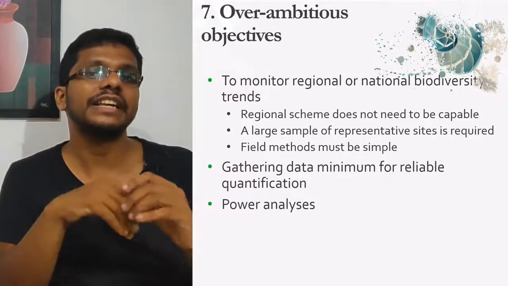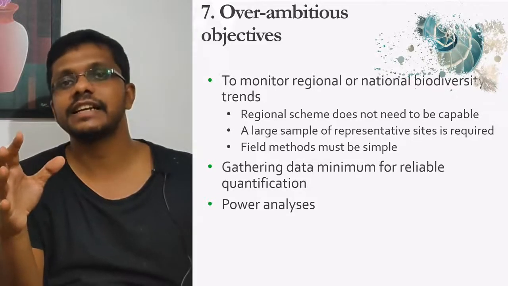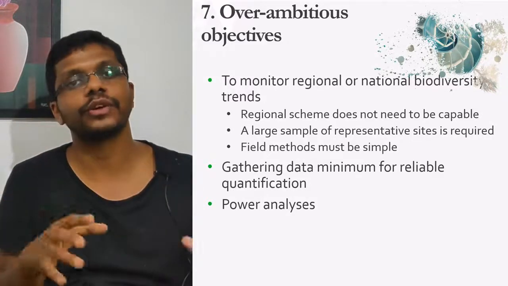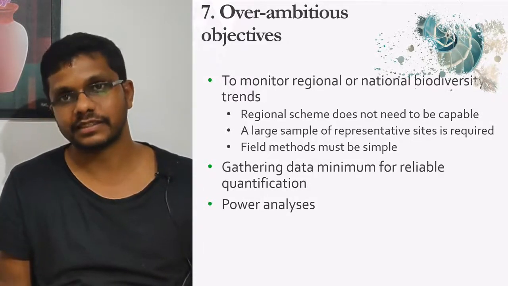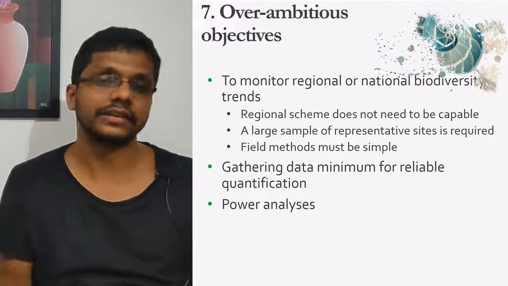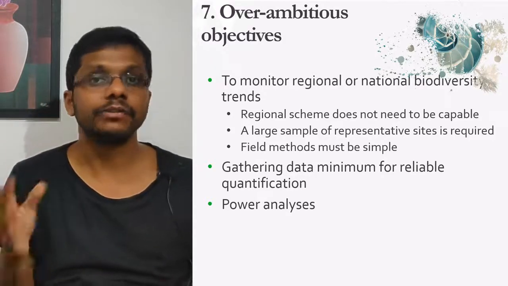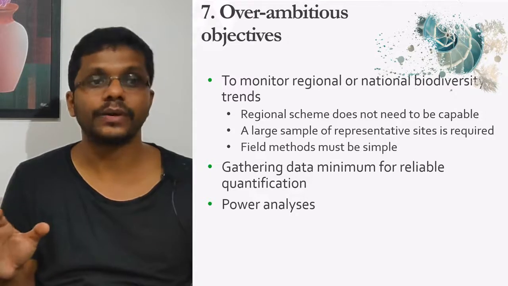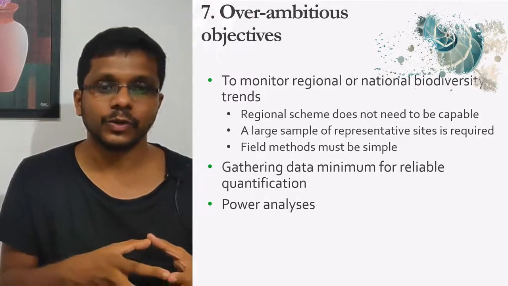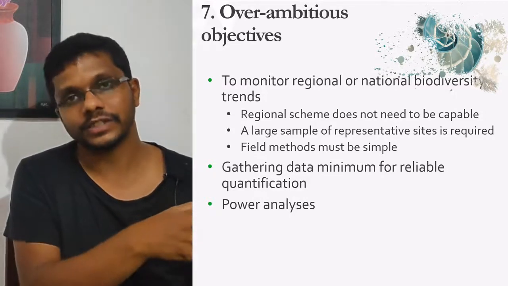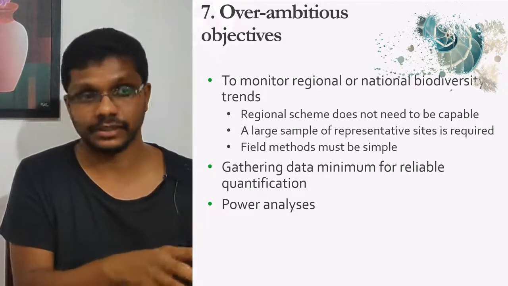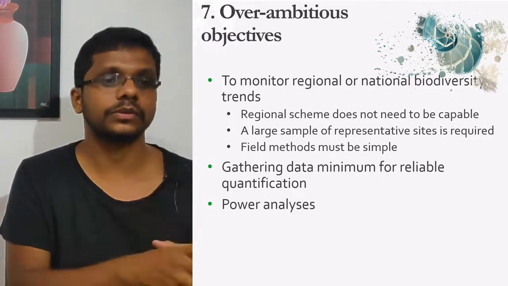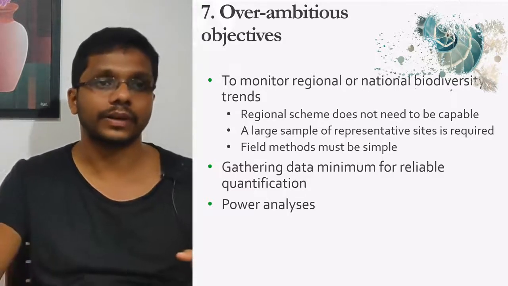If you try to study every biodiversity detail across a huge national boundary, or in a state or a nation, it becomes impossible. That's an over-ambitious objective. So the data collected from a huge area should be sufficient and simple. We can also go for power analysis to overcome this difficulty.